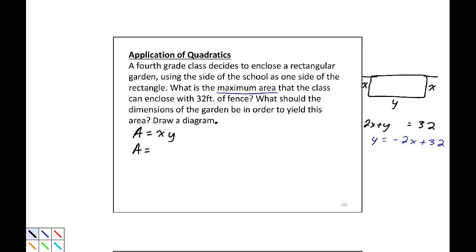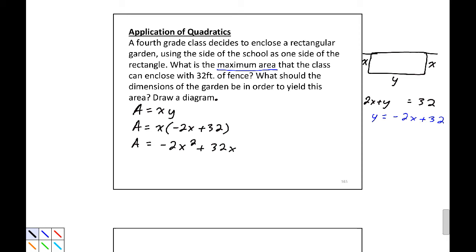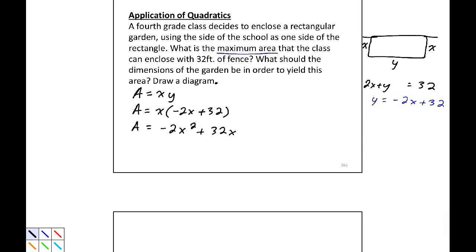So area equals x times minus 2x plus 32, so that my area formula is minus 2x squared plus 32x. There's my function. If I want the maximum area, that would be finding the vertex in this context. So let's go in that direction.